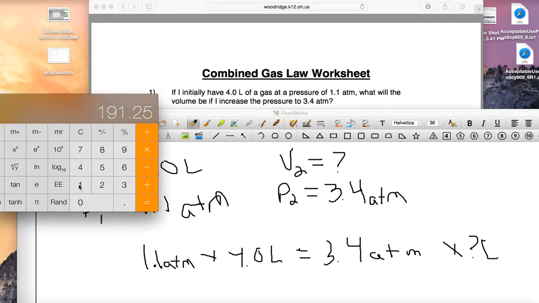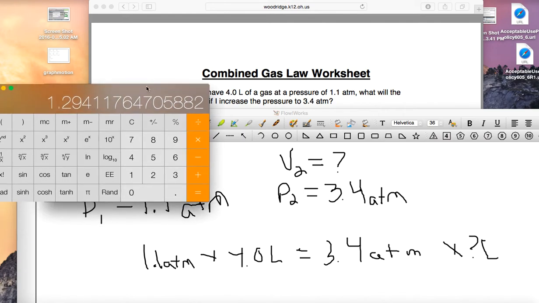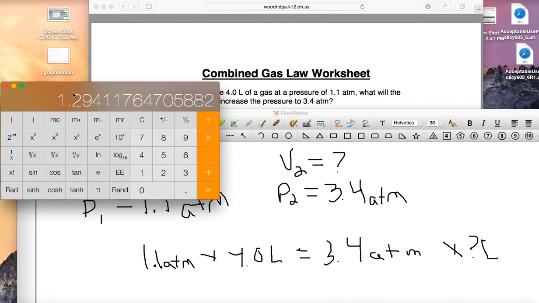So I'm going to bring up my calculator. 1.1 times 4 equals 4.4. And then to get liters alone, we're going to have to divide by this 3.4 atm. And we end up with 1.294.